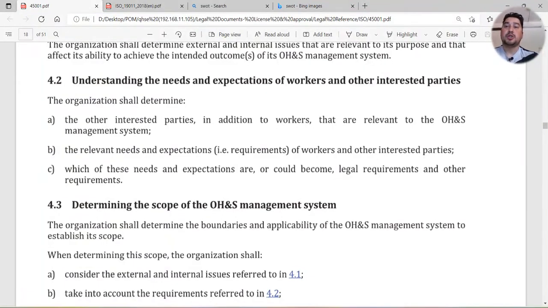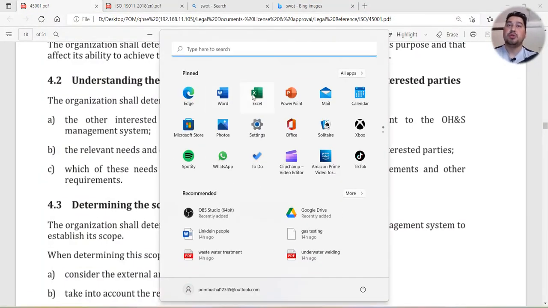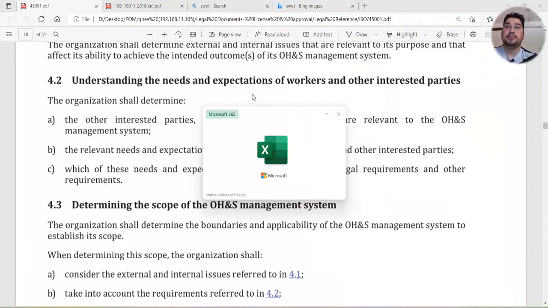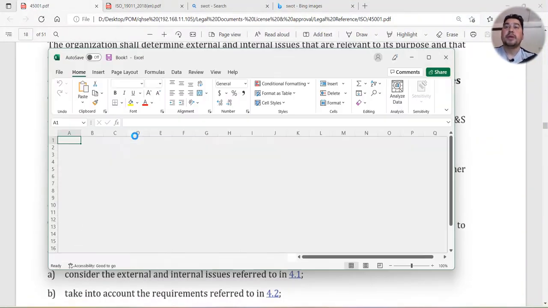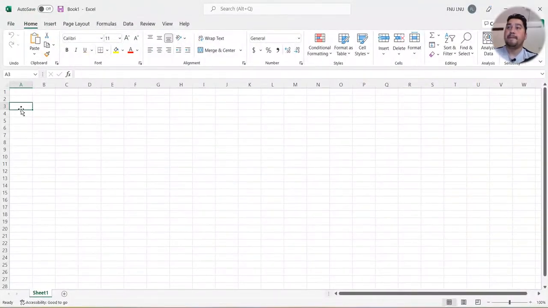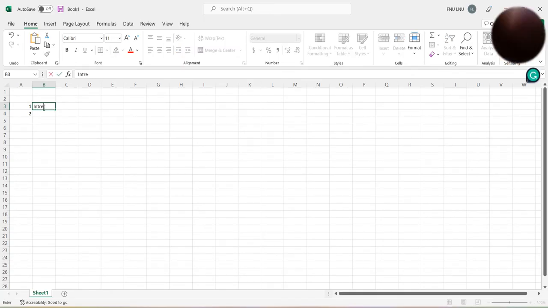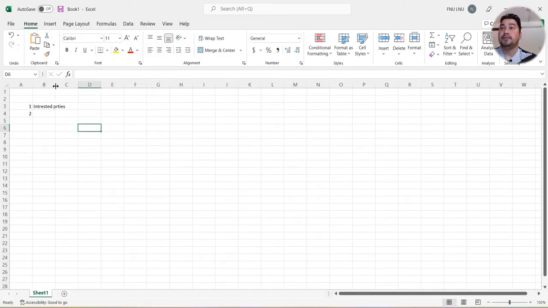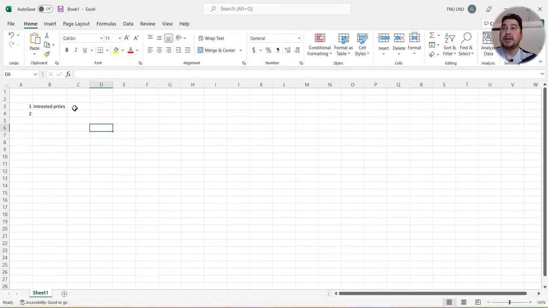Now I'll show you how you can do that. Let me go to Excel. When you are making your interested parties list, there is a serial number 1, 2, 3 that you can do here. Here you will write interested parties.